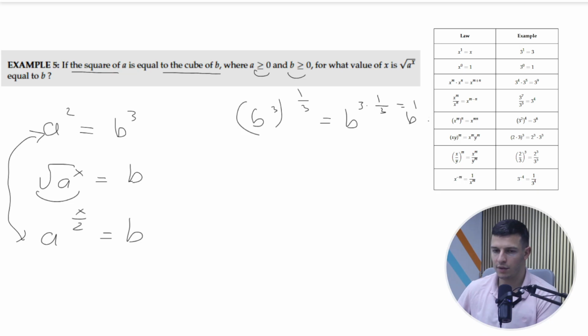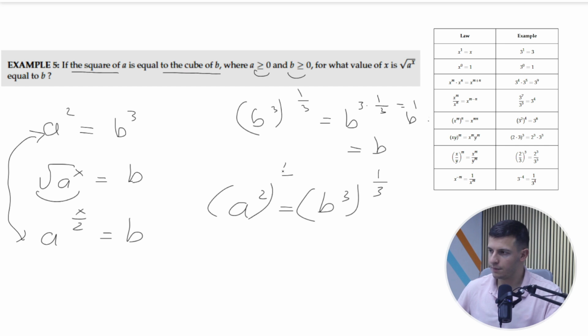So b to the power 1, that's equal to b. Yes? So I can power both sides. So I take a square equals b cube and do 1/3 to the power on both sides. Yes? So what do I get? I get a to the power of 2/3 is equal to b.